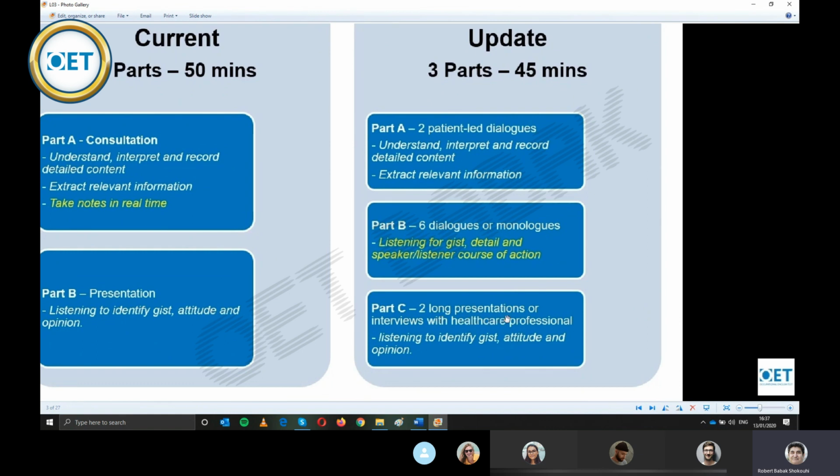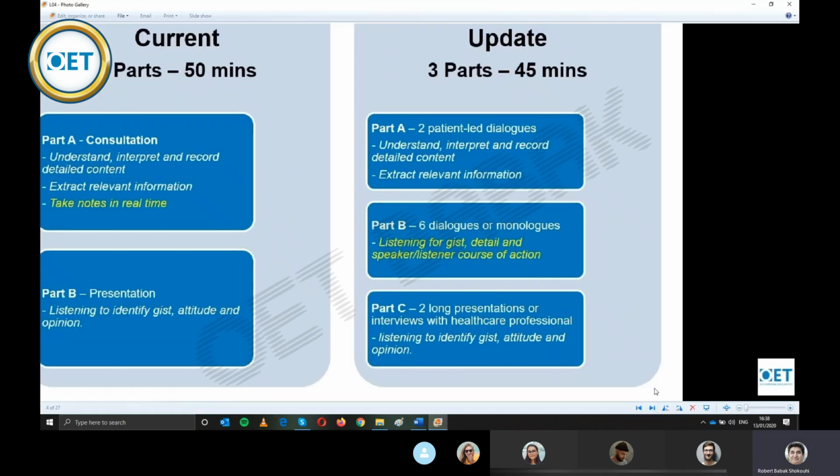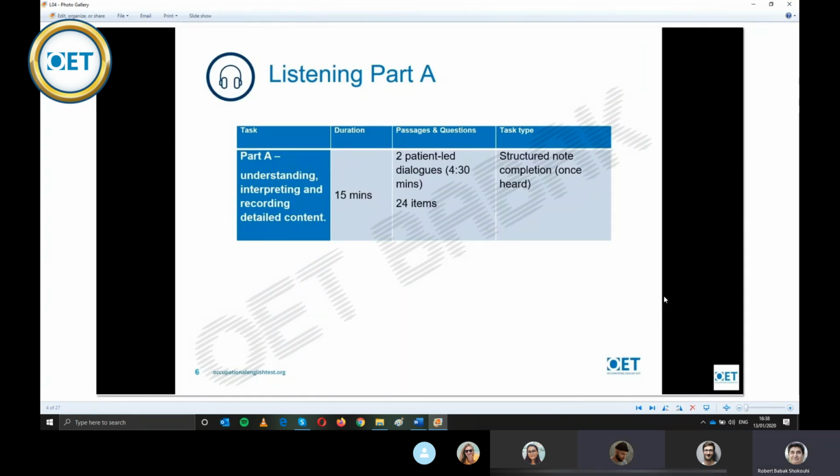Part C are long presentations or interviews with healthcare professionals, and there are 2 of them. And here you listen to identify gist, attitude, and opinion. So again, we have gist, but here we have something new, attitude and opinion. What does that mean? Anyone? The idea of the speaker.